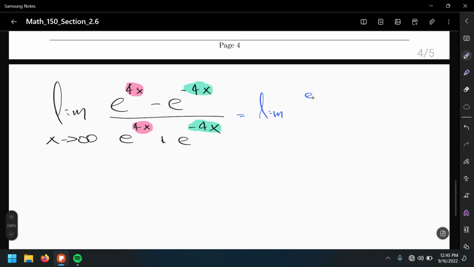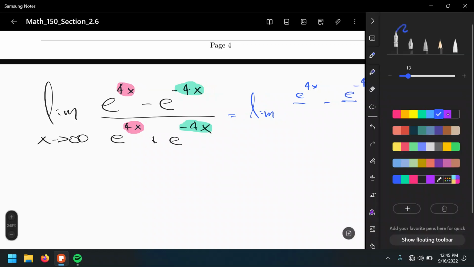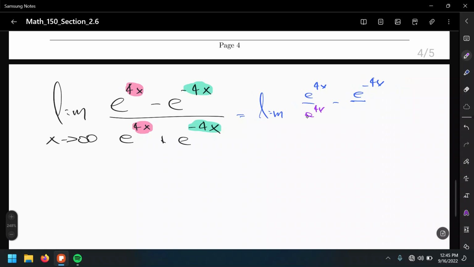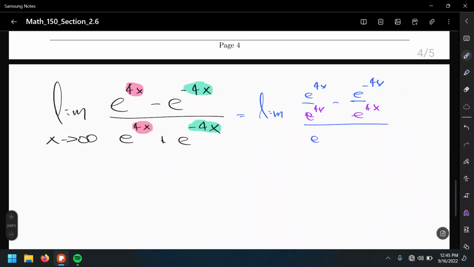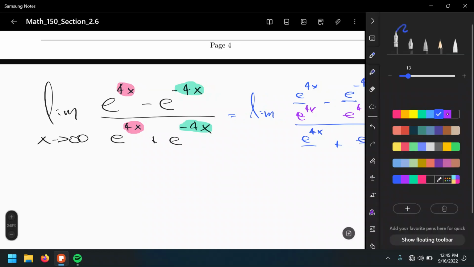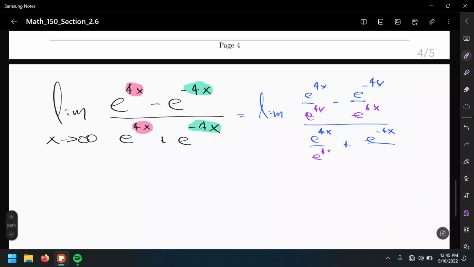So that's limit of e to the 4x minus e to the negative 4x divided by e to the 4x, and then divide that by e to the 4x plus e to the negative 4x divided by e to the 4x, and in this case, as x approaches infinity.